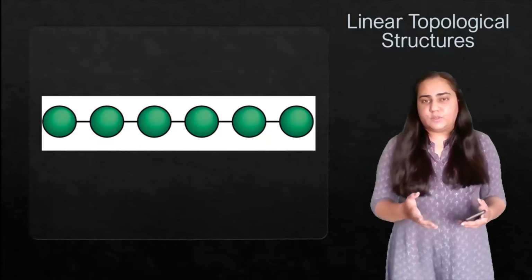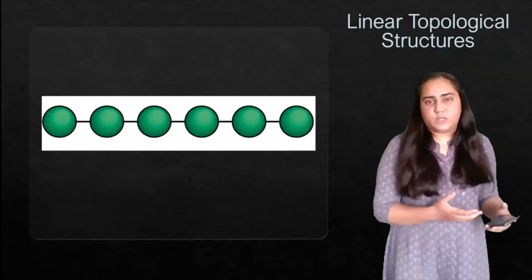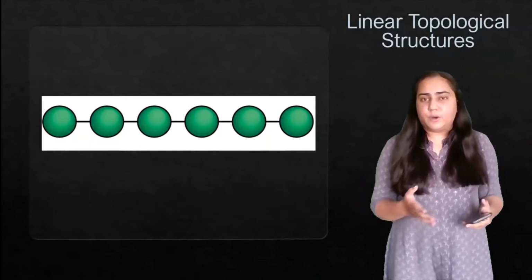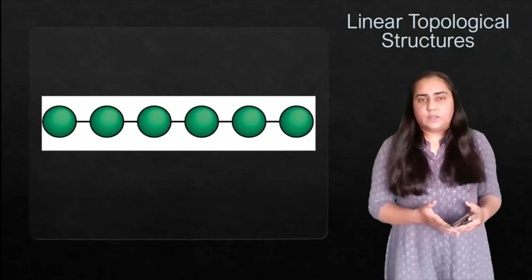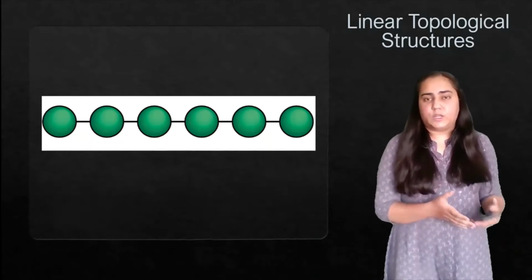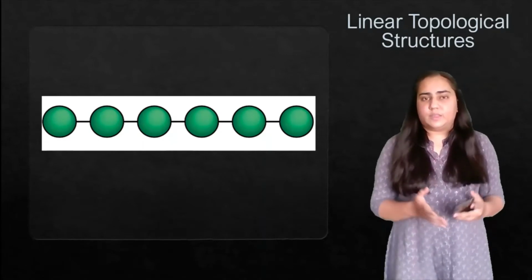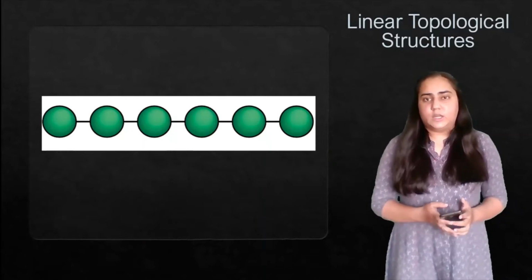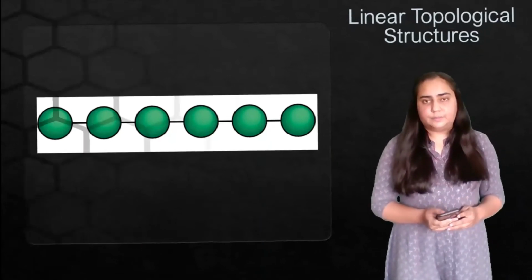So if you had a process where you had to do one task and then the next and then the next, but those tasks were supposed to be sequential, which means only when you finish task one, you can do task two. So that is a linear relationship, and that's what you can depict using topological structures.